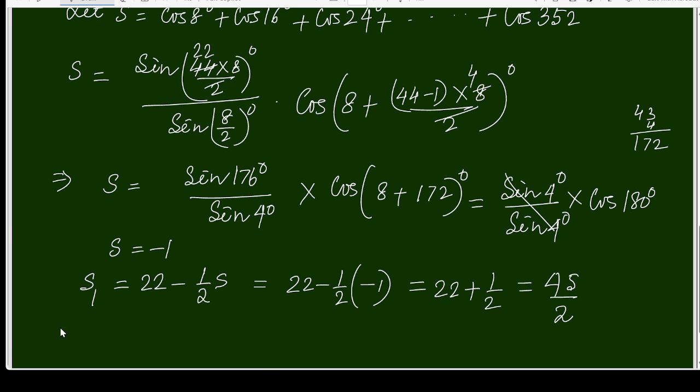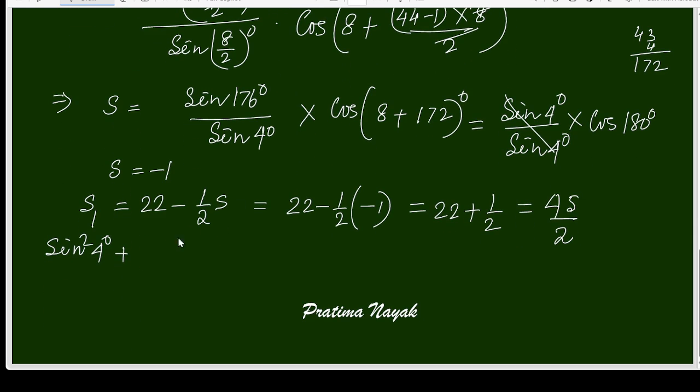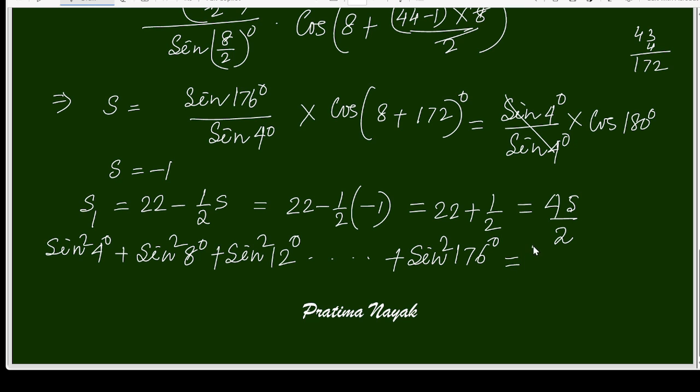So the sum, sine square 4 degree plus sine square 8 degree plus sine square 12 degree up to sine square 176 degree, equals 45 by 2, or 22.5, not in degrees, it is a value.